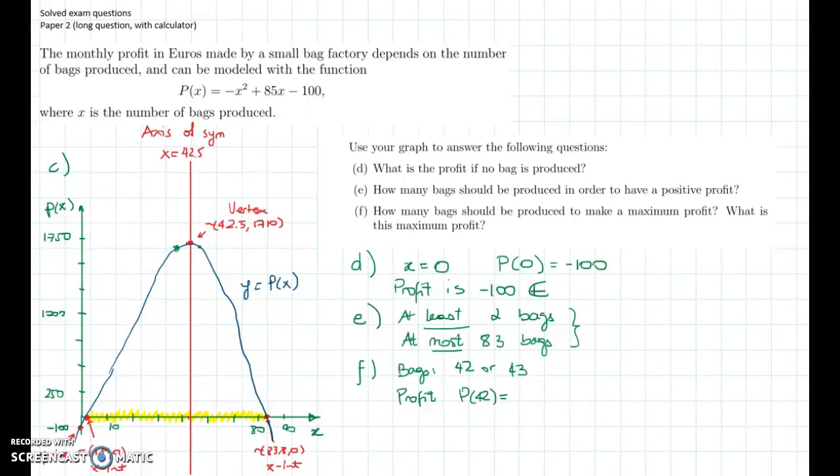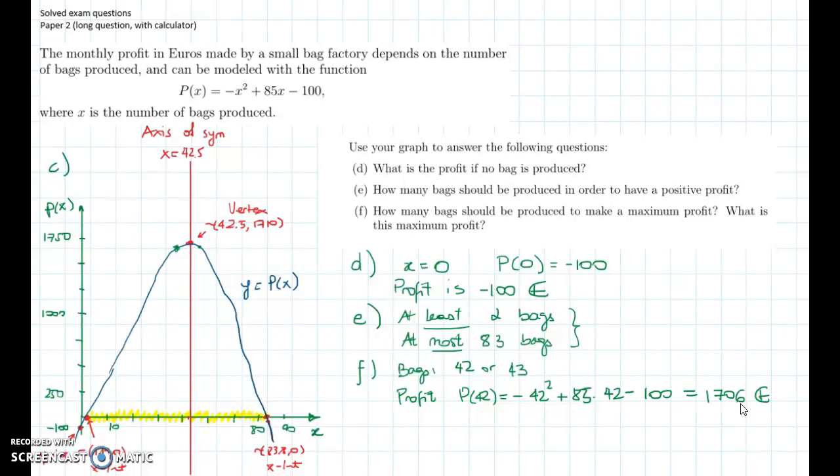Gives the same, so negative 42 squared plus 85 times 42 minus 100, and this is 1,706 euros.